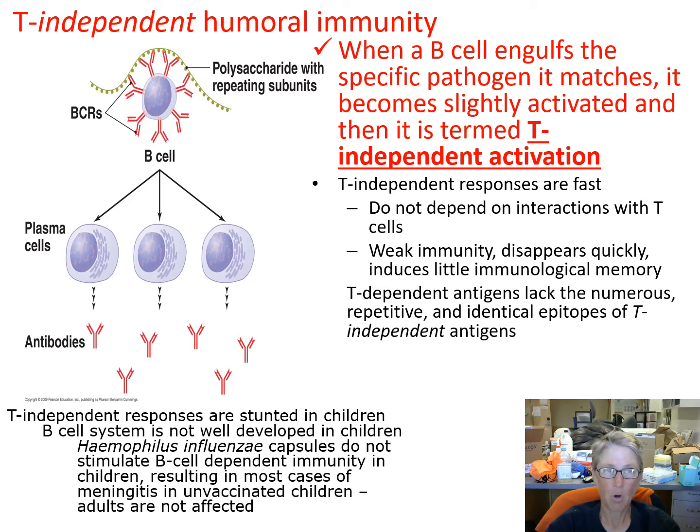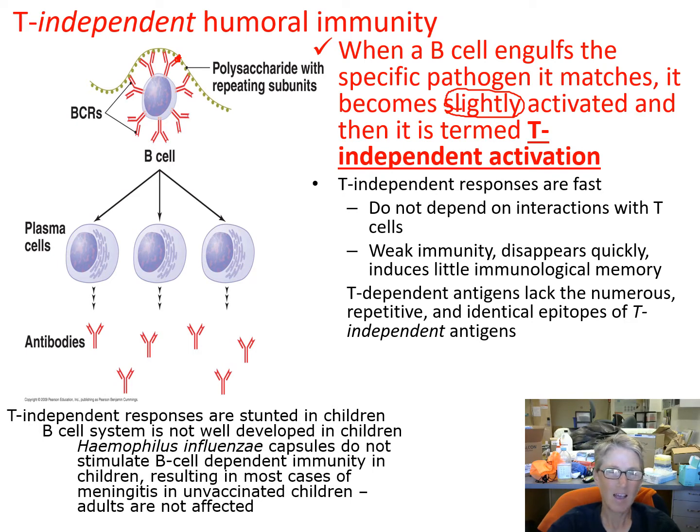Okay, still more on T-independent humoral immunity. When a B cell engulfs a specific pathogen that it matches, so the B cell receptor recognizes the specific pathogen, it will become slightly activated.